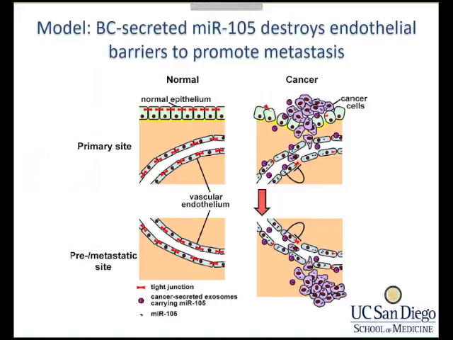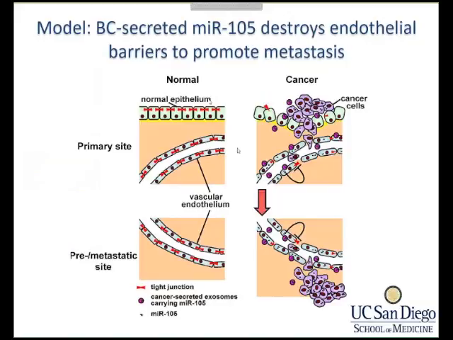So in this model, summarizing the miR-105's function we have recently reported, in normal mammary tissue, again using breast cancer as a model, we have both epithelial monolayers and vascular endothelial monolayers in the normal tissue architecture, and these monolayers form natural barriers against metastasis.